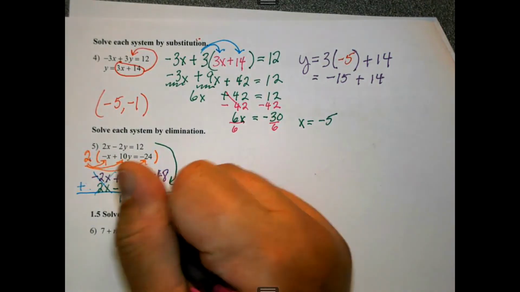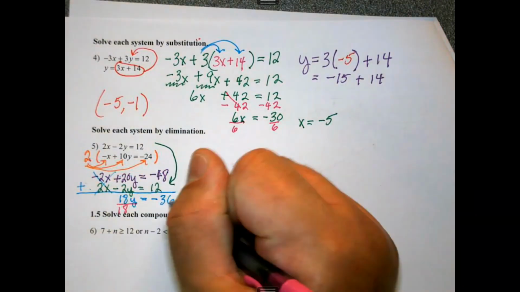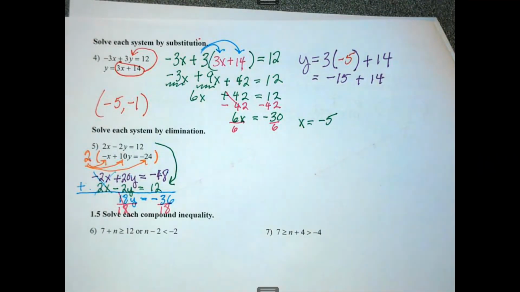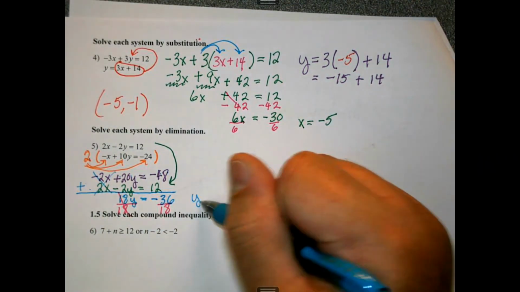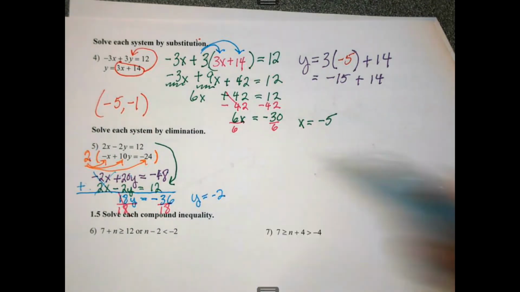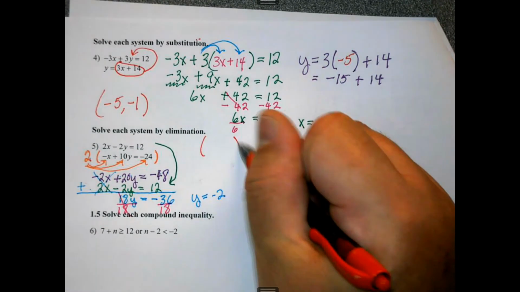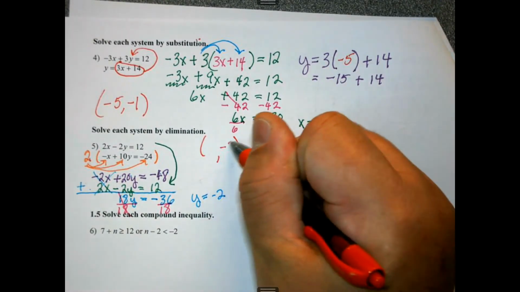Divide both sides by the coefficient 18. And y is going to equal negative 2. So again, I'm going to have an intersection at exactly one point where my y equals negative 2.